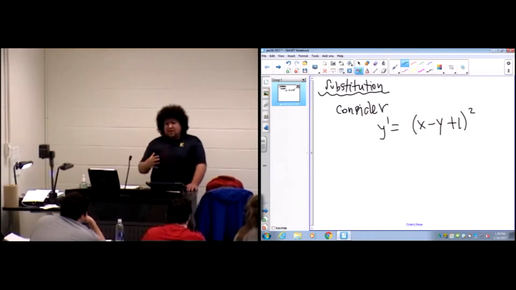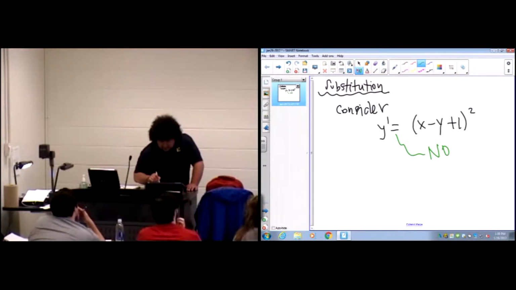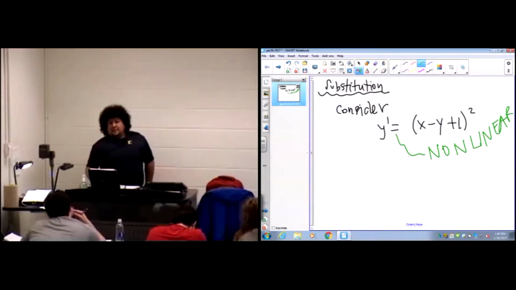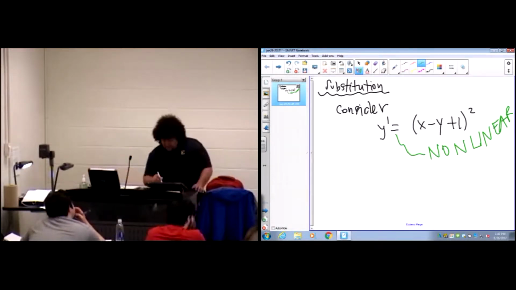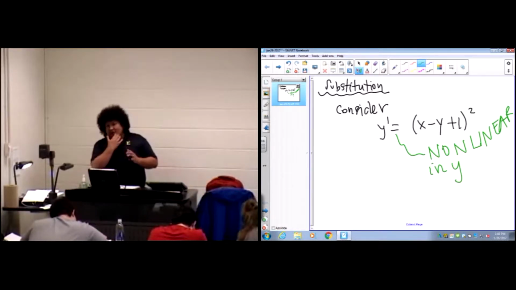So with this formulation, this is considered non-linear in y. Okay, so the right-hand side is not linear in y.